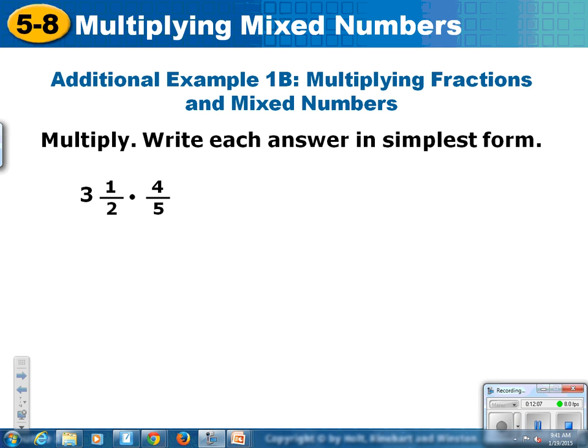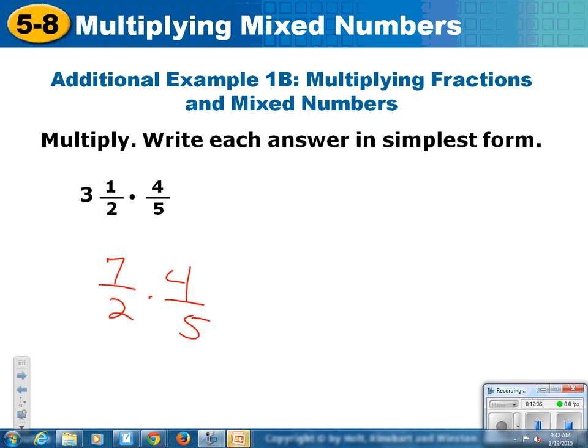Step number 1, get it in the form where you just have 2 fractions. 3 times 2 is 6, plus 1 is 7 over 2 times 4 over 5. You need to have this. Please watch. Then I look for a greatest common factor between my diagonals. 7 and 5, there's nothing. 4 and 2, there is.